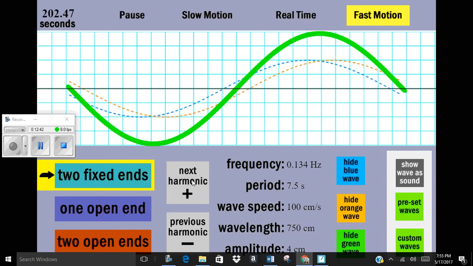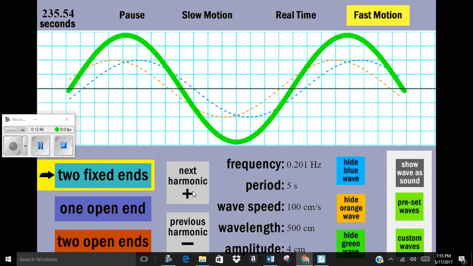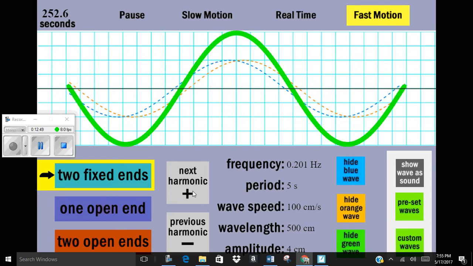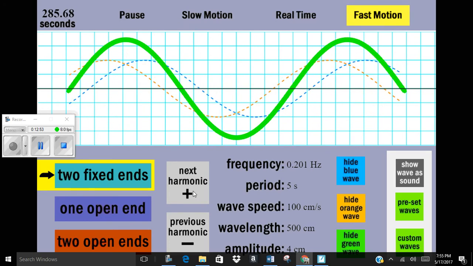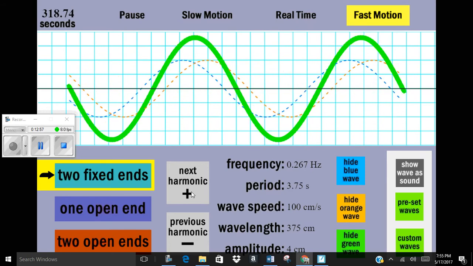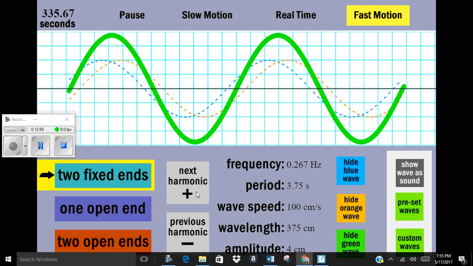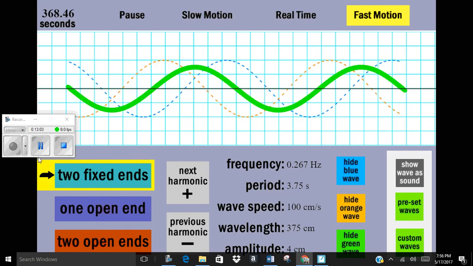If I move this on to the third harmonic, that green wave looks like it's staying in spots due to constructive and destructive interference, and there's the fourth harmonic. This animation is attached to your Schoology page as well, so you can play around with that as well.